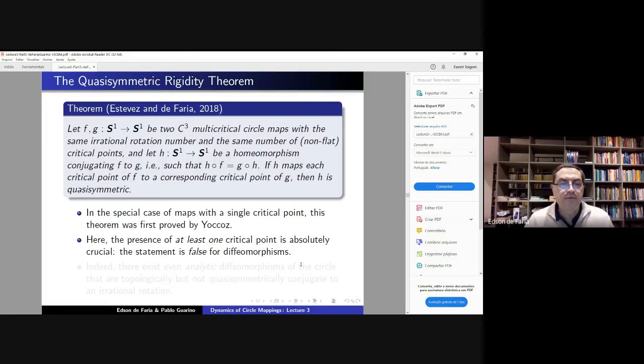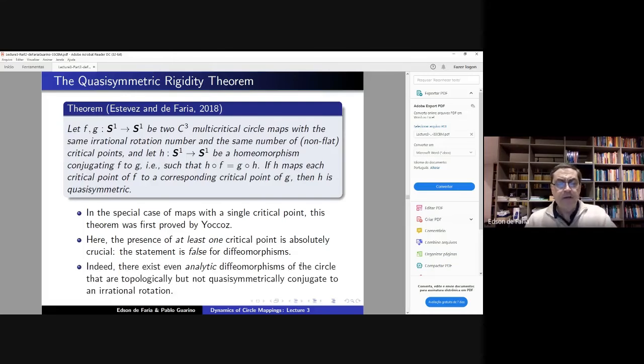If you take diffeos instead, and they have the same irrational rotation number and are both C3 diffeos, can I claim that the topological conjugacy between them is quasi-symmetric? This is false in general. In fact, there are even analytic diffeos that are topologically but not quasi-symmetrically conjugate to an irrational rotation. I told you in lecture number 2 about Arnold's theorem and about Arnold's counterexamples.